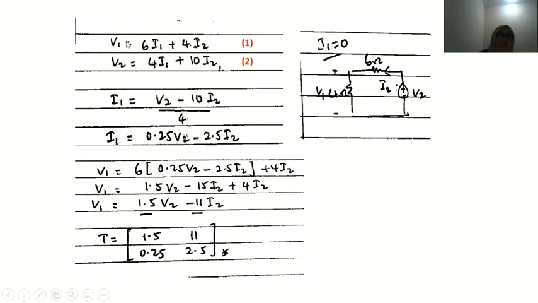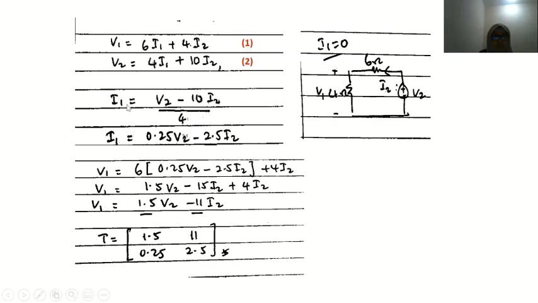So you put all the Z parameters into their general formula. Your V1 is Z11, which is 6 I1, plus Z12, 4 I2. Then your V2 is equal to Z21, which is 4 I1, plus your Z22, which is 10 I2. Now you rearrange the second equation by taking your I1 as the main consideration.